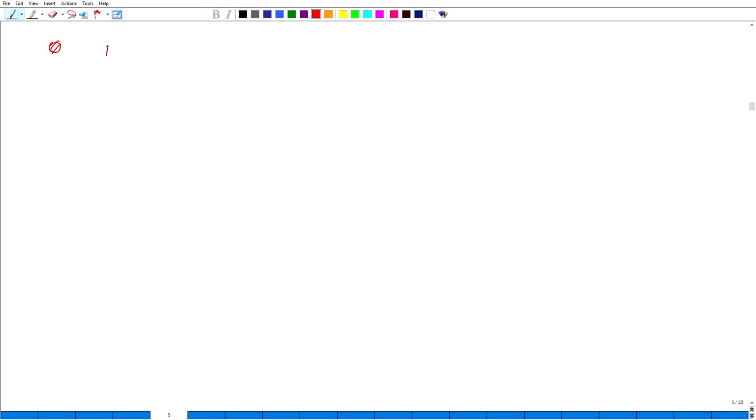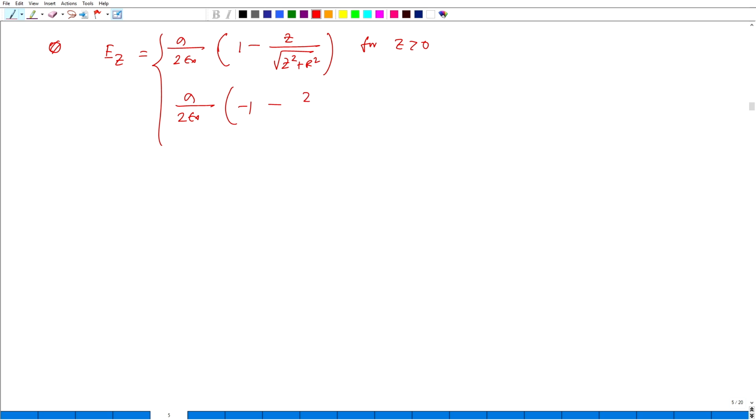We got the results: Ez equals sigma over 2 epsilon naught times 1 minus z over square root of z square plus r square, for z greater than 0, and sigma over 2 epsilon naught times minus 1 minus z divided by square root of z square plus r square for z less than 0, right. And we plotted this as a function of z in the previous class.